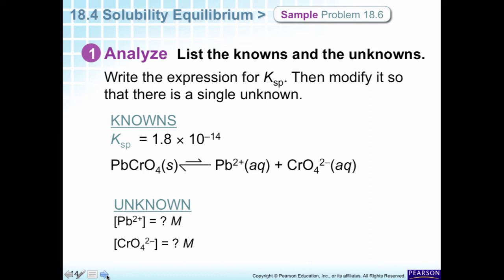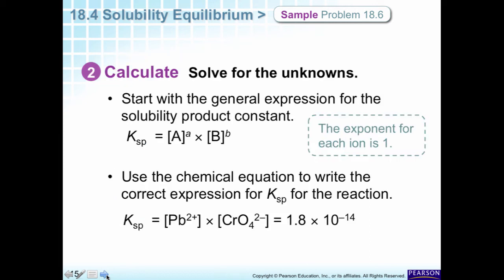From the balanced chemical equation, the molarity of the lead and the molarity of the chromate should be the same. So that's the same value, and that's going to equal our Ksp. All we have to do is write it out like here. That's the Ksp value they gave us.